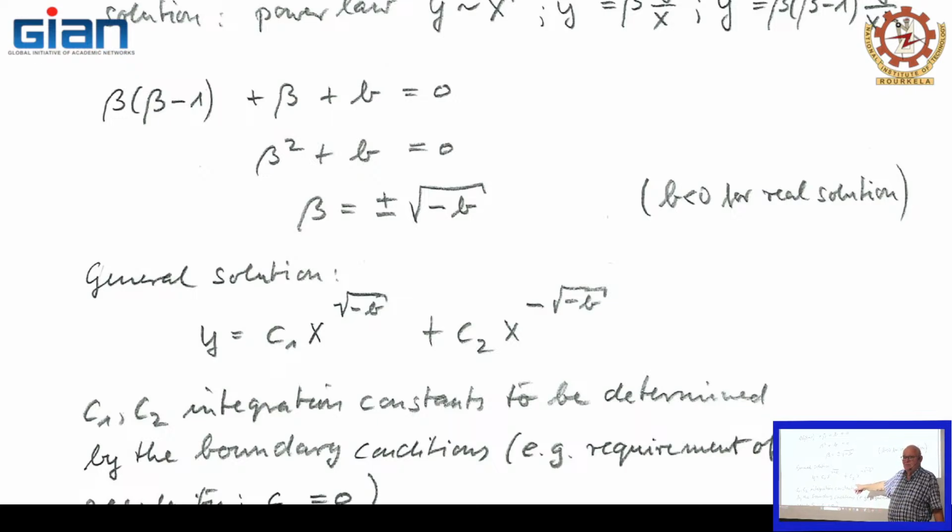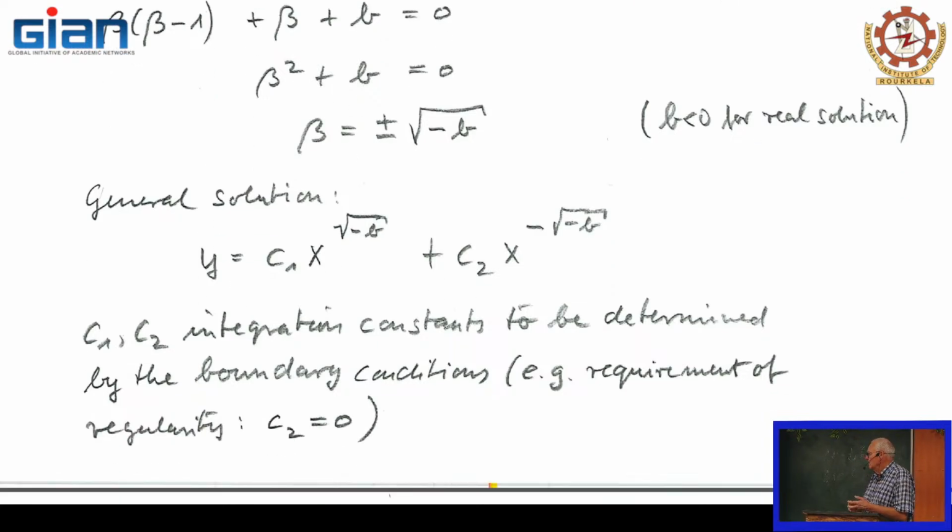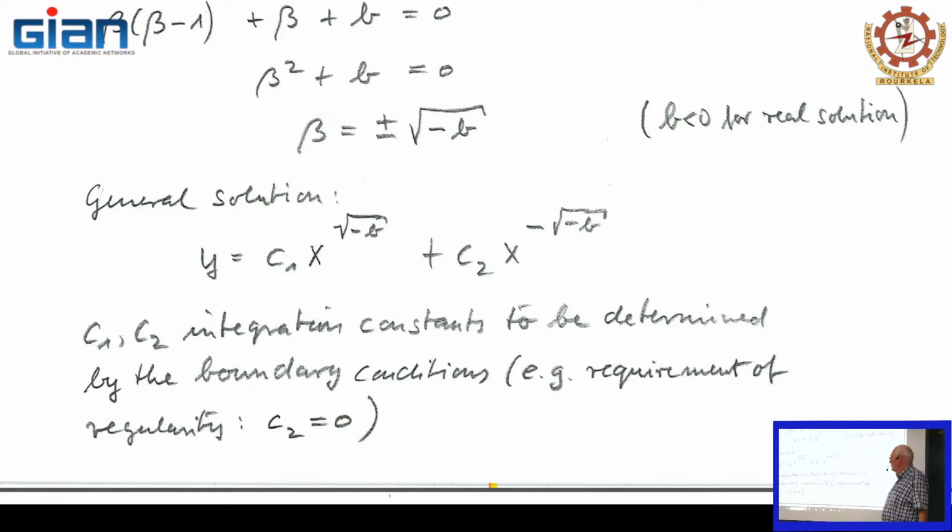That means, as a boundary condition, we put C2 equal to 0, and we are left with the regular part. This should demonstrate that you can select between irregular and regular parts simply by applying appropriate boundary conditions. And here you do it simply by requiring that C2 is equal to 0.